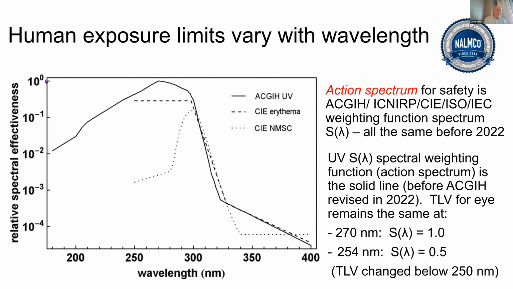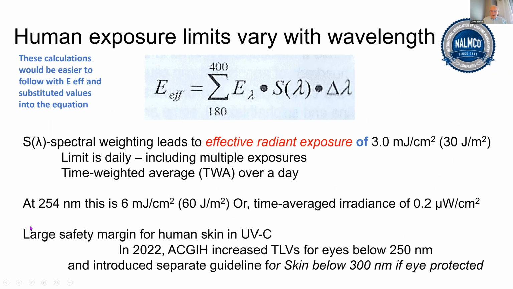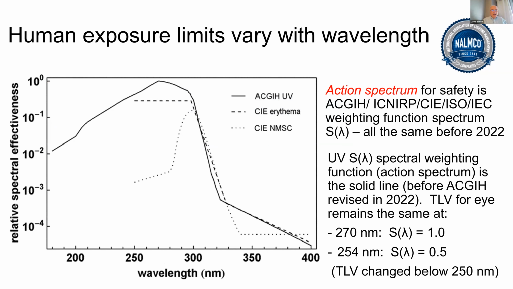The top line being 1.0 or 10 to the 0, and then the next line below 10 to the minus 1 is 0.1 or 10%, and then 10 to the minus 2 is 1%, 10 to the minus 3 is 0.1%, and 10 to the minus 4 is 0.01%. So that's a huge change as a function of wavelength, particularly as we move into the UVB.